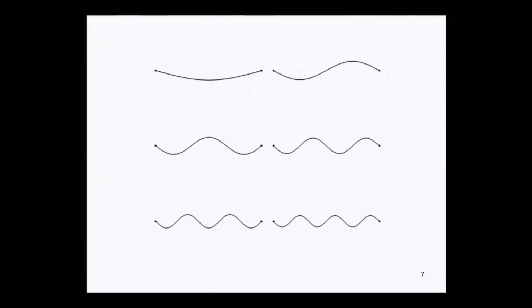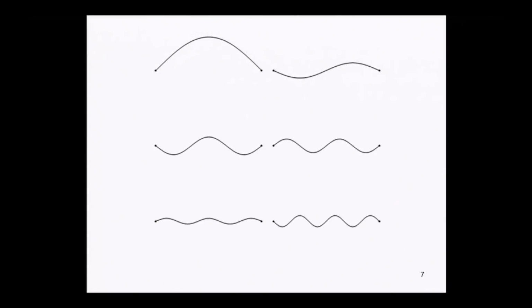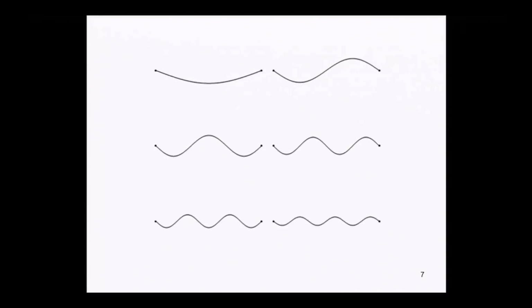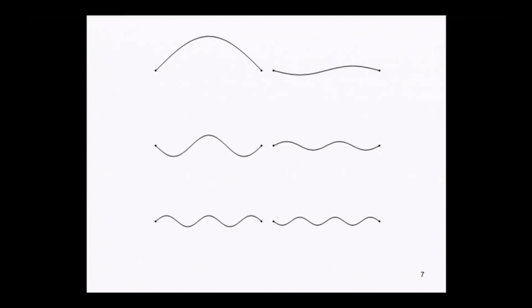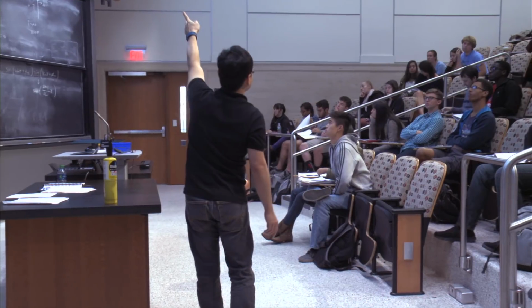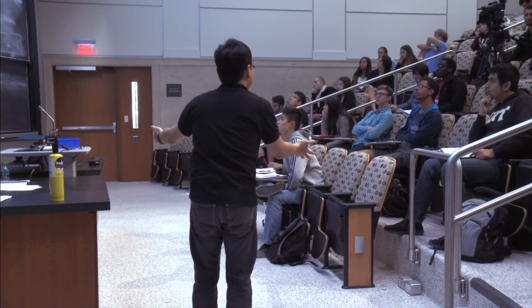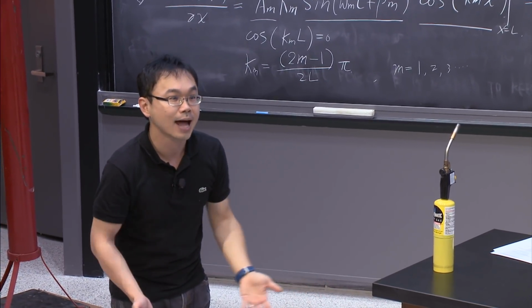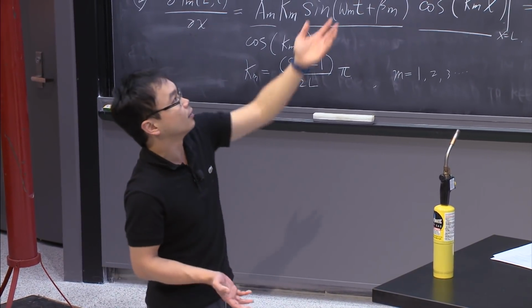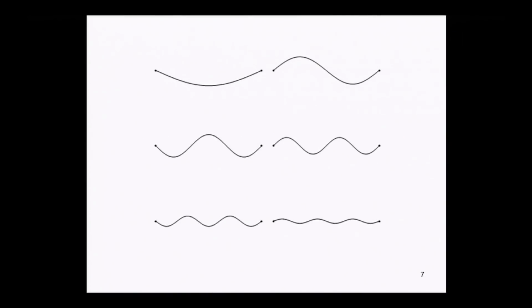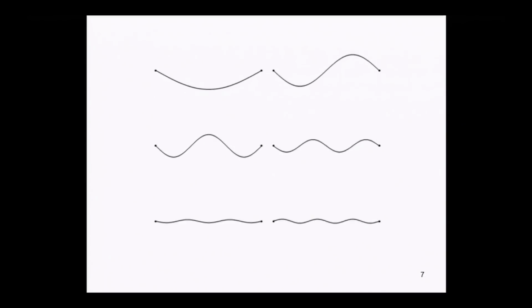Therefore, you can see that the oscillation frequency is 2 times slower compared to the m equal to 2 case, which is the upper right corner result. If you increase n more and more, you get larger and larger k, and therefore the oscillation frequency is getting larger and larger.